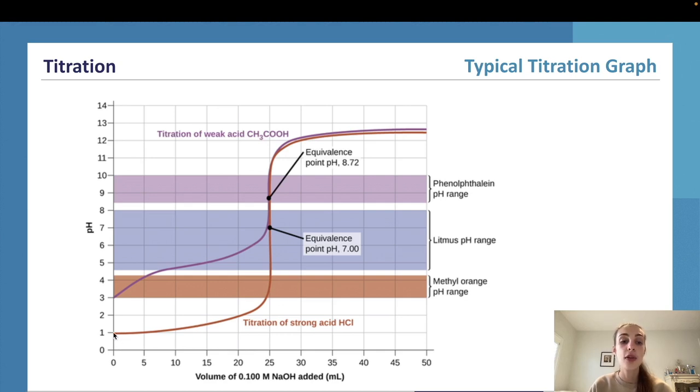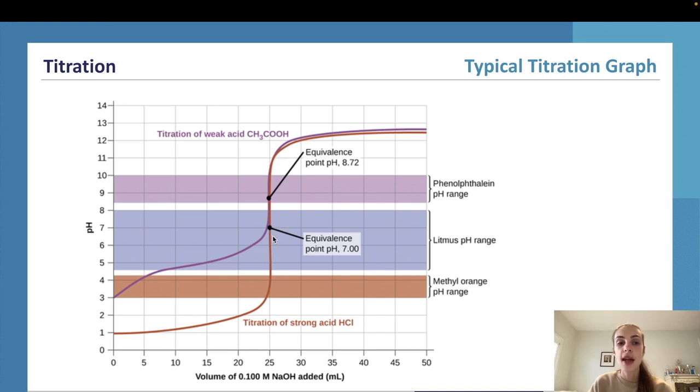So if we're to add a strong base to a strong acid, such as HCl, we can see that we're starting off with a very low pH because we've got HCl only in our reaction vessel. But then once we start adding our mLs of 0.1 molar sodium hydroxide, we can see that we have a bit of a buffer region where the pH is somewhat being counteracted, but then we have this sudden change in pH.